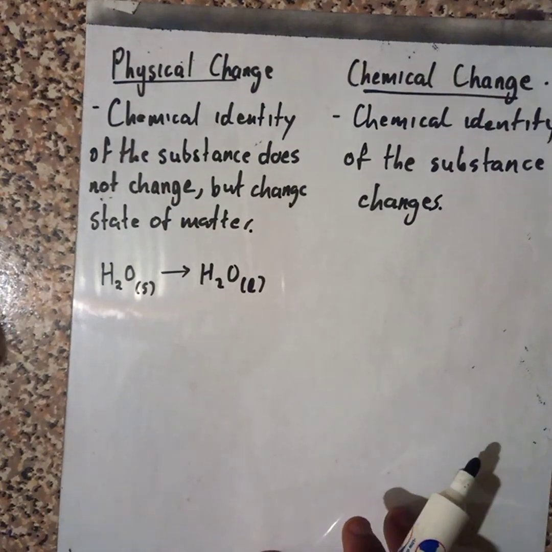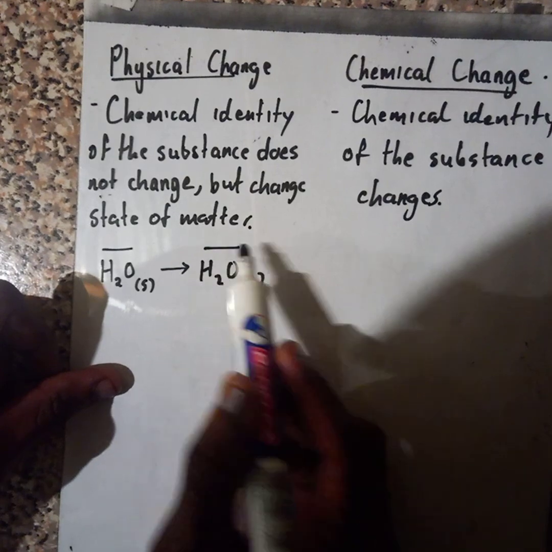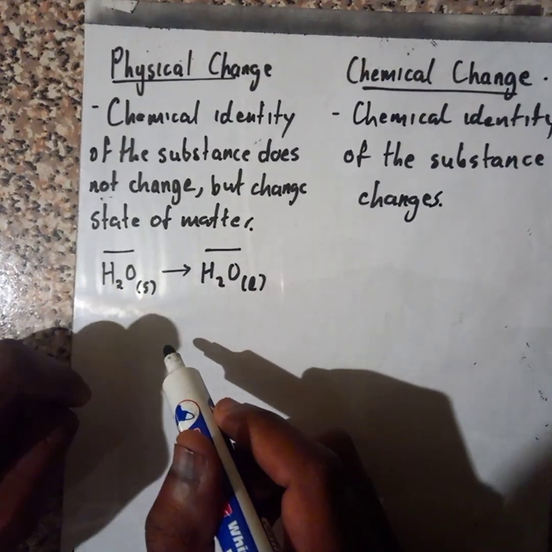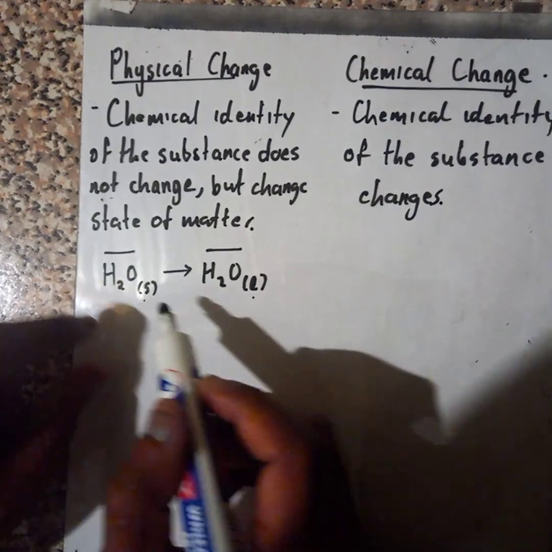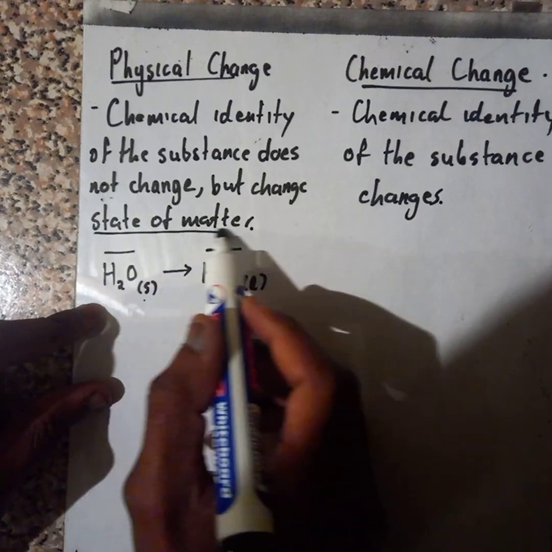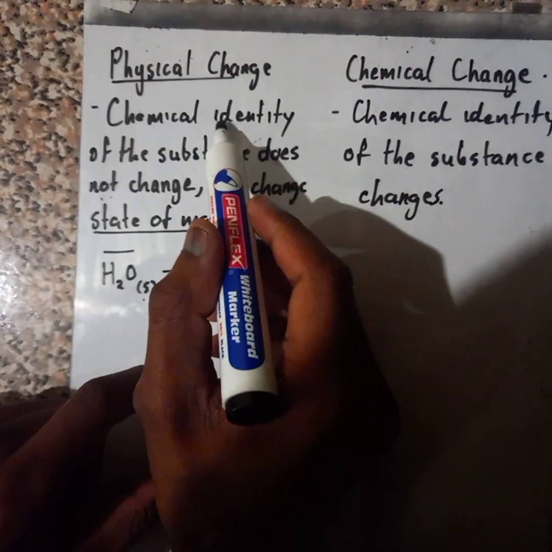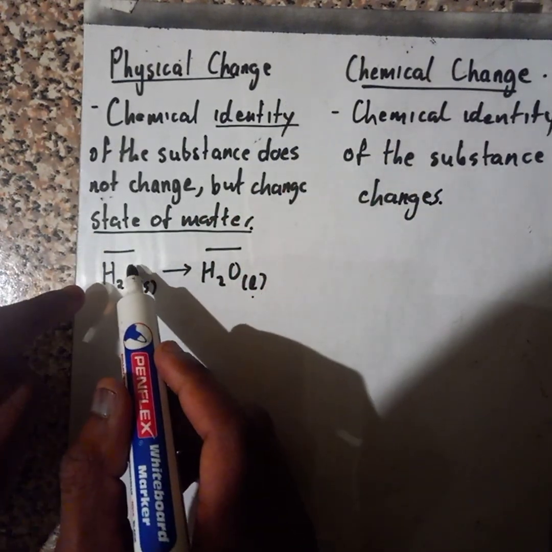We can clearly see that the H2O is the same in both, but the only difference is what? It's a phase change. It's a state of matter which has changed, but its identity is still H2O.